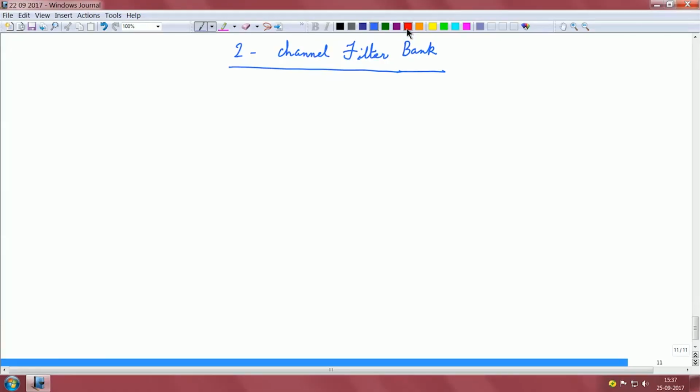A filter bank is basically a bank of filters. And what do these filters do?